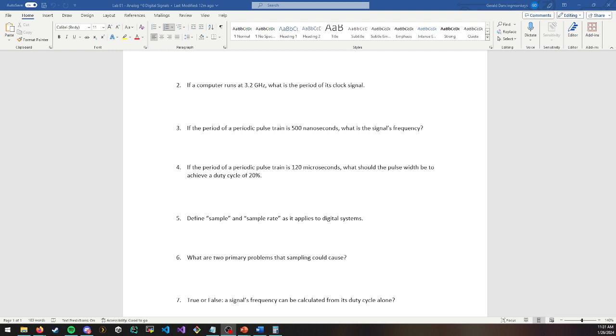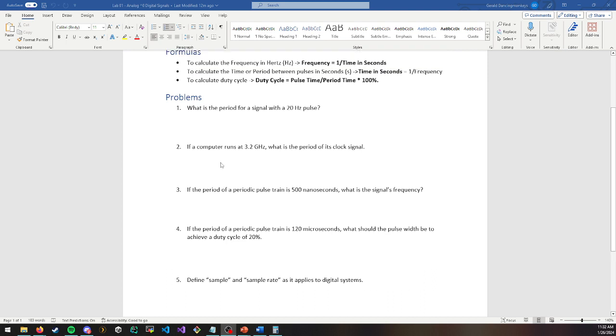But we have the period of our pulse train is 120 microseconds. Now we want to achieve a duty cycle of 20%. So let's go up and look at our formula for a second. Oh yeah, no, that is way off. Might have been easier just to flip the page. Let's flip the page.